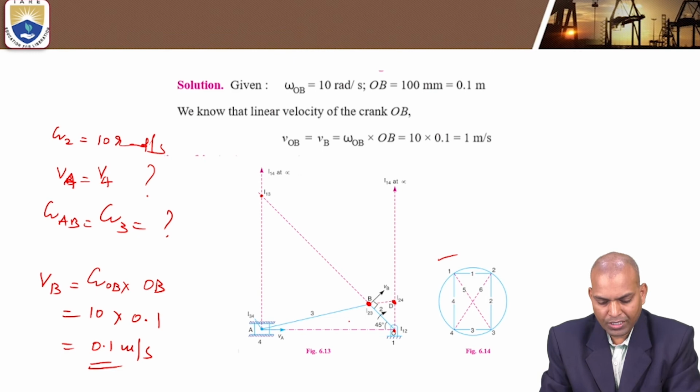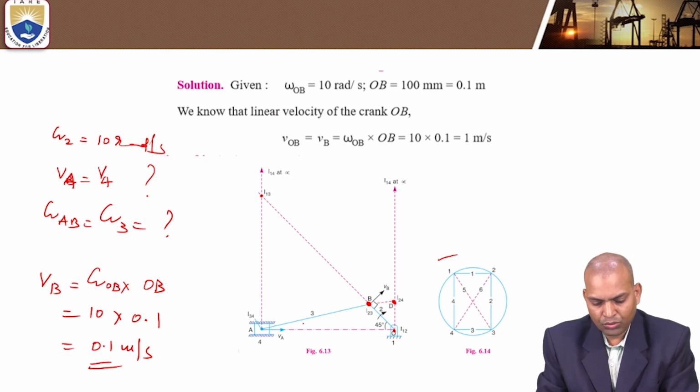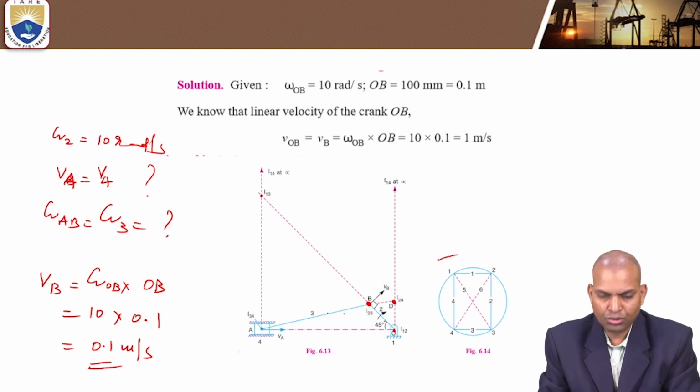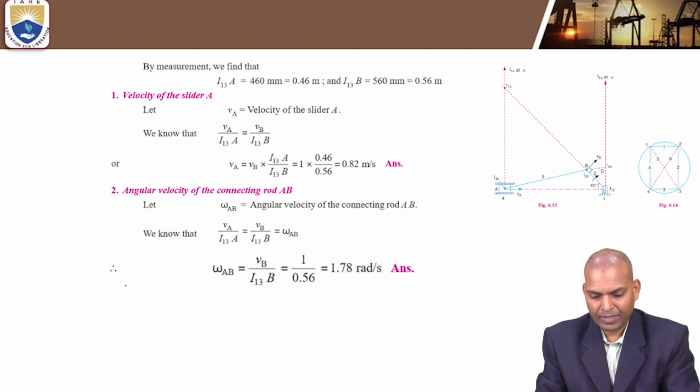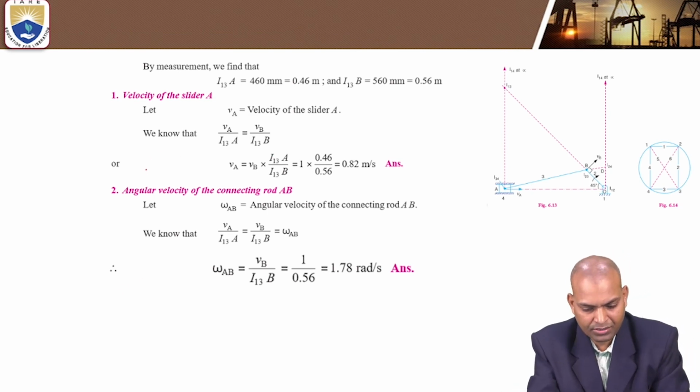This velocity of the point B is common to links 3 and 2. So from this we can find out the angular velocity of AB, with the help of a mathematical relation.